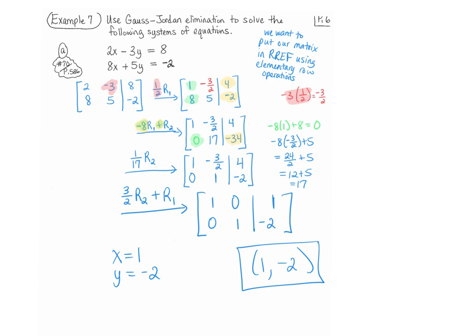For Gaussian elimination, you just need to find out what one of the variables is and then back substitute. You have to be familiar with both, because I may say use Gauss-Jordan elimination to solve this. If it says use Gaussian elimination to solve, that means you need to do back substitution once you find out one of the variables. What other questions do you have?